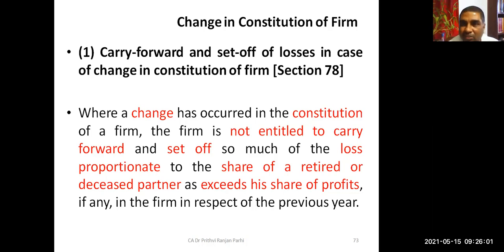His net loss, that means whatever loss is attributable to him after adjusting the profits, cannot be carried forward by the new firm. Understood? So proportionally you have to find out that loss which is relatable to the retiring partner; it cannot be carried forward to the reconstituted firm.